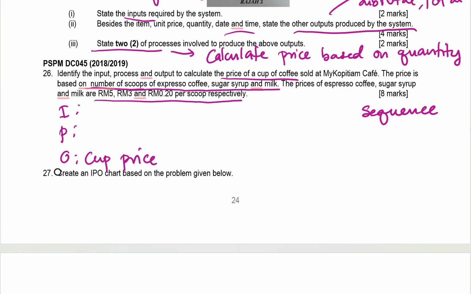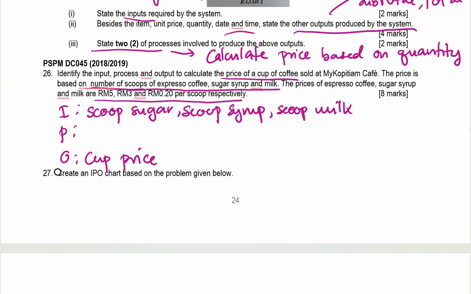So of course the input is scoop sugar, scoop syrup, and scoop milk. So what is the difference between the cup price from one customer to another customer? Of course, it is based on the number of scoop here.